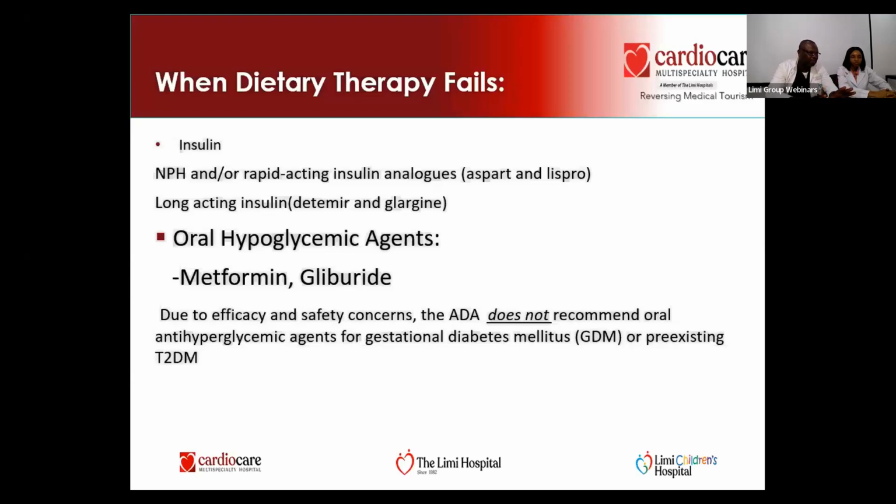Now you have different forms of insulin you can use. You have the Aspart, the Lispro, that is short, rapid acting insulin, and NPH, intermediate acting. But the thing is, for the rapid acting, they need very close monitoring because they can easily tilt the patient into hypoglycemia. So patients in the ward, they have a problem with that. Starting a pregnant woman with rapid acting insulin, you need to be very, very careful because there are situations of hypoglycemia.